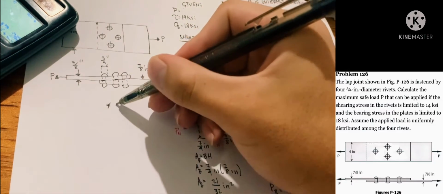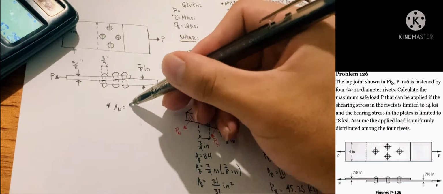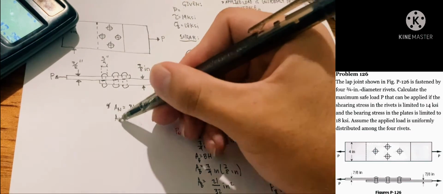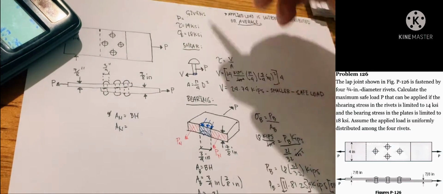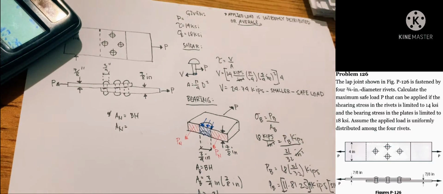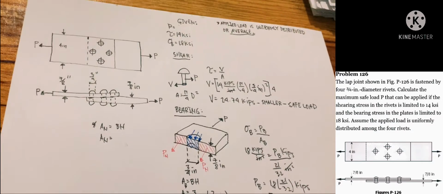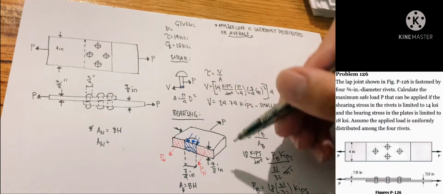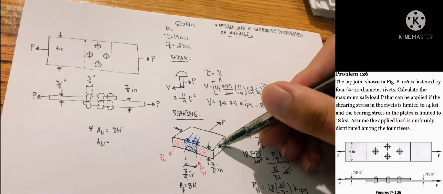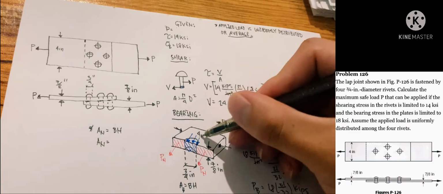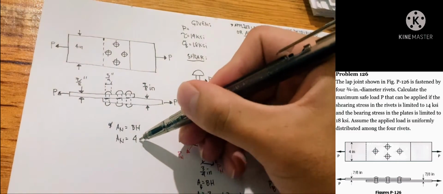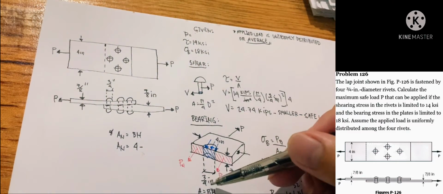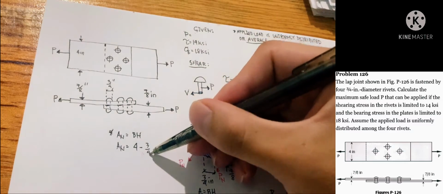So our area A sub n is base times height. Our base is 4 inches, so I will write the dimension again: 4 inches minus the diameter of a single rivet.